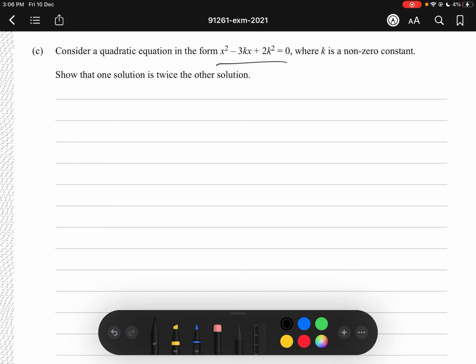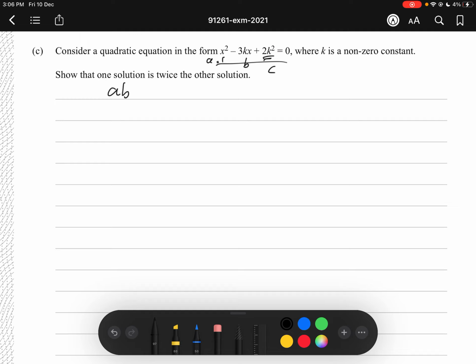The first one is we can simply factorize, which is just writing it out in terms of two brackets equal to 0, and then we can clearly see our two solutions. So we have 2k squared is c, negative 3k is b, and a equals 1. We're looking for two constants that multiply to 2k squared and add to negative 3k.